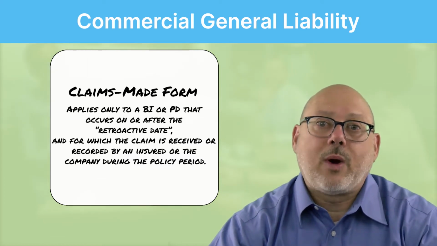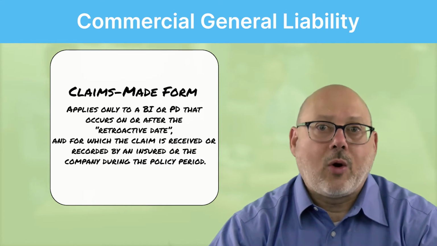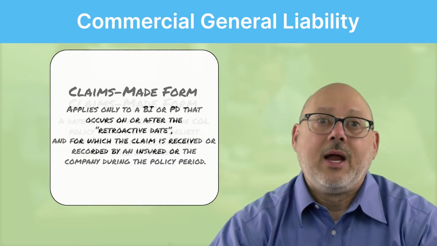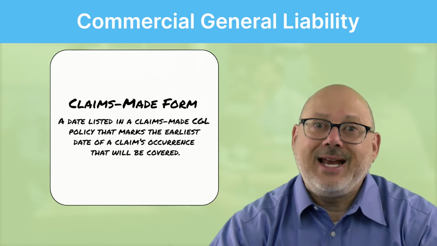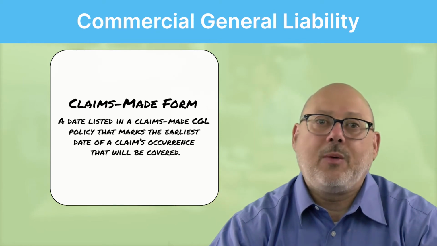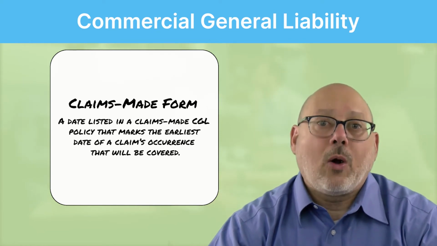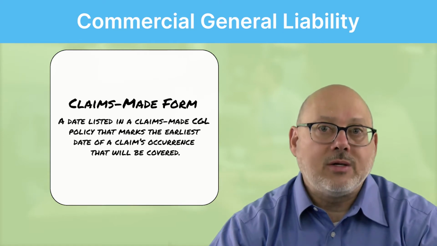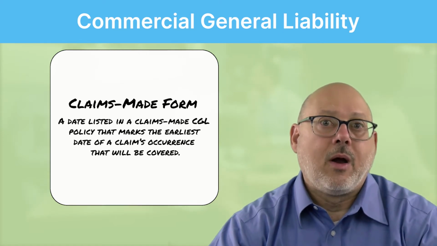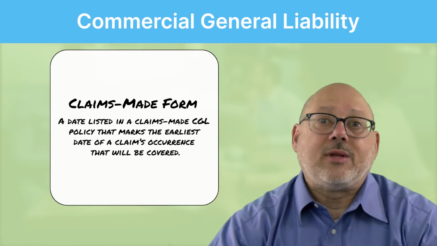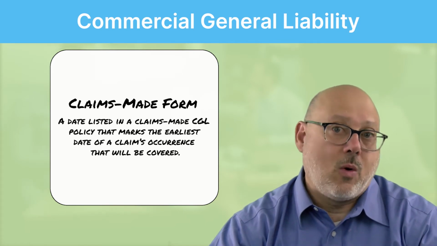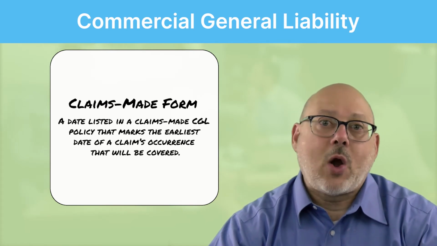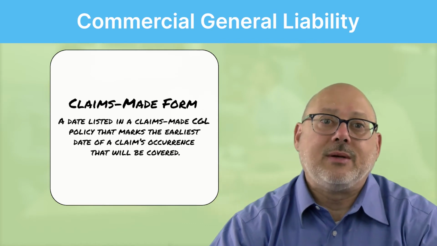This certainly begs the question, what in the heck is a retroactive date? Answer: a retroactive date is a date listed in a claims-made CGL policy that marks the earliest date of a claim's occurrence that will be covered. Retroactive dates are either the same as the policy's inception or a specified date earlier than the policy's inception.